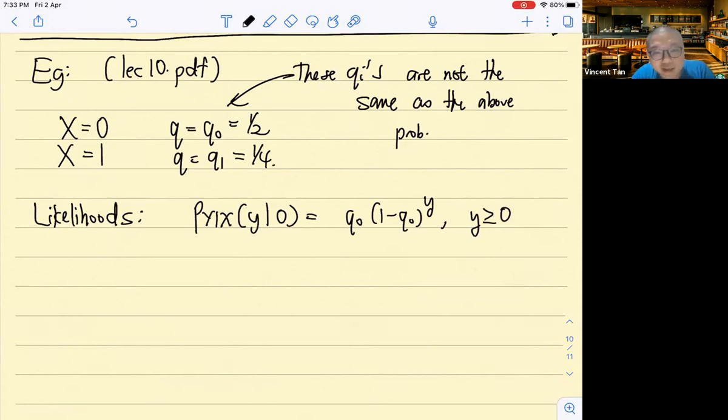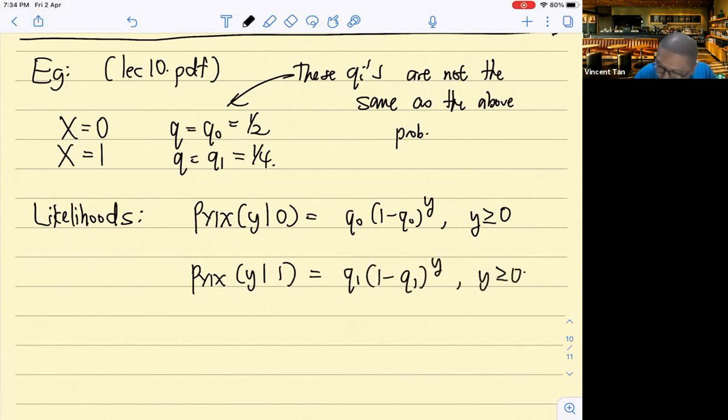So this is a geometric that starts at 0. And p of y given x equals 1 is q1 times (1 minus q1) to the power y, y greater than or equal to 0. So what's the first thing that you should check before I start talking?